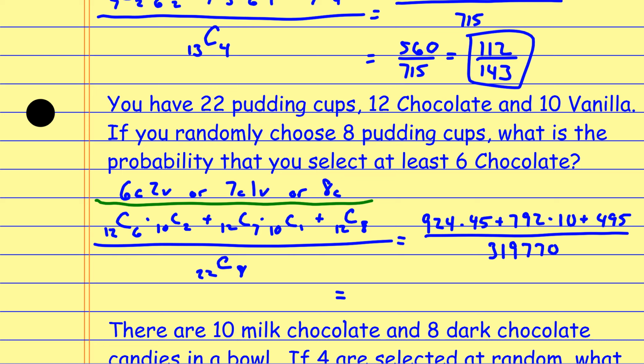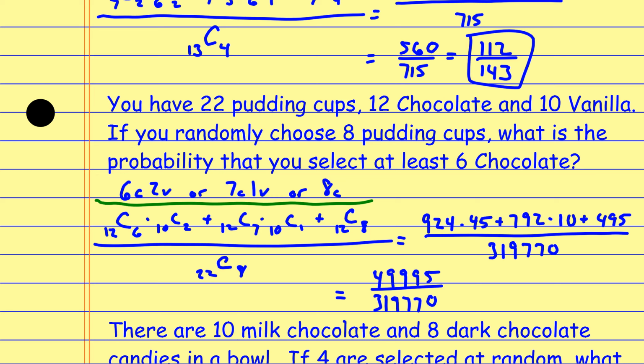Again, that numerator I can just go right across and punch it into my calculator. Let's see, plus the 792 times 10 plus the 495. So I get 49,995 over the 319,770.